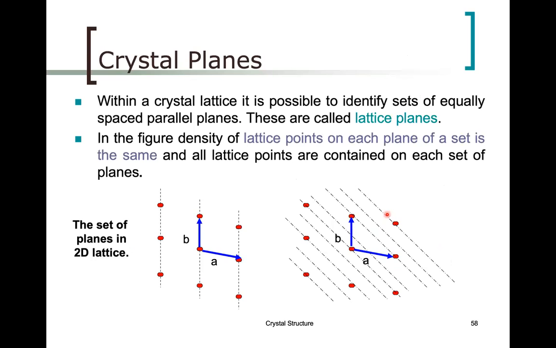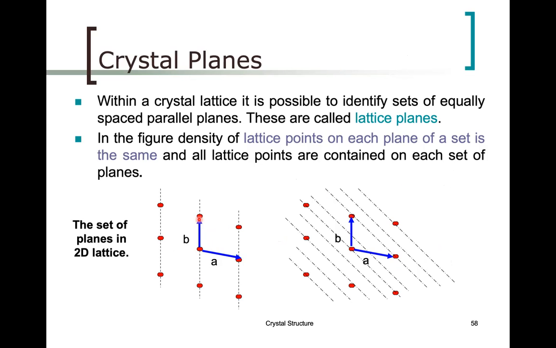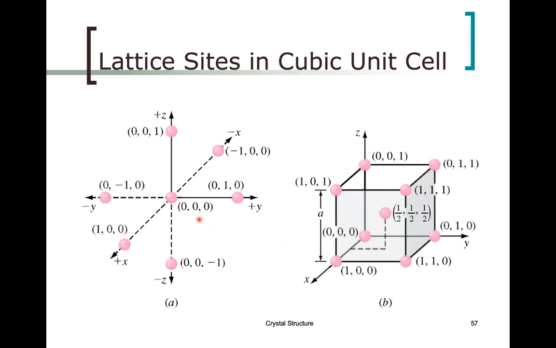Now when looking at crystal planes, let's say we had a crystal, we have equally spaced parallel planes right here. Can I ask you one question? Yeah, go ahead. You said that A1, A2, and A3 are integers, but here we are using 1 over 2.